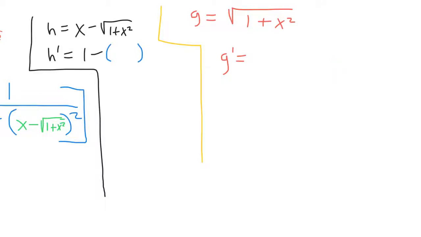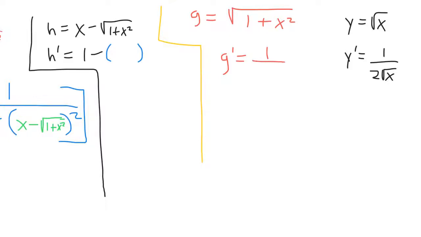Probably not. Imagine you had something called y equals radical x. Well, we already kind of went over this. We know that this is going to end up being that, right? Well, isn't this really just a version of that? It's radical something. Well, so we know that g prime is going to be this, only instead of x, it's going to be that. So let's go ahead and just write it.